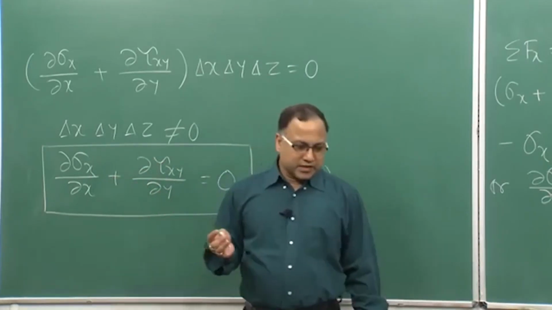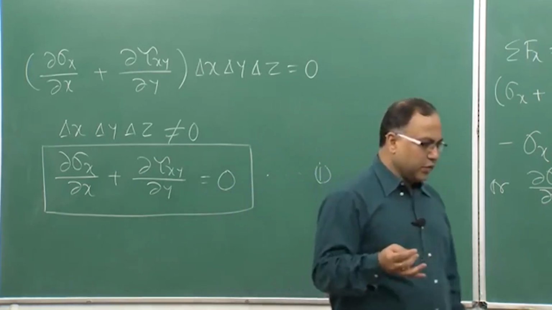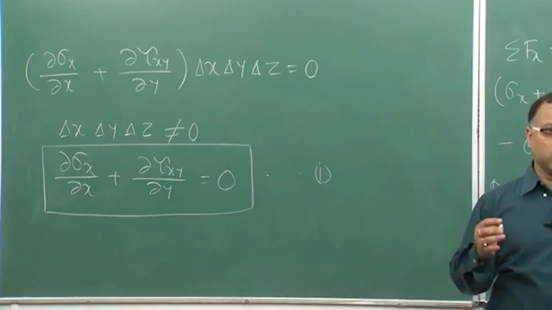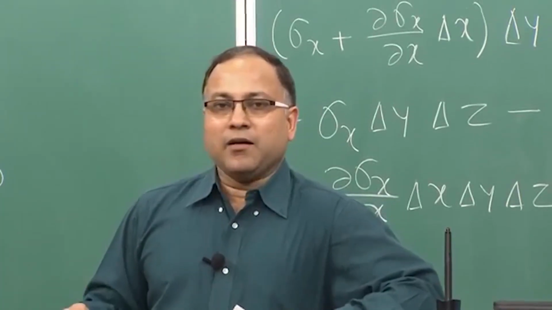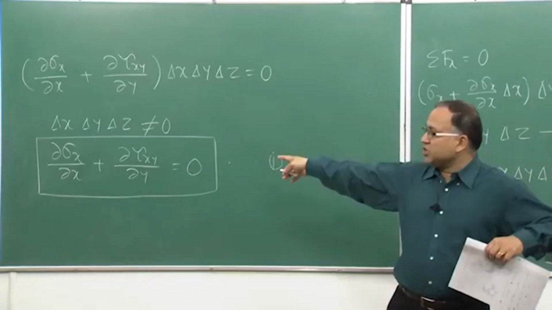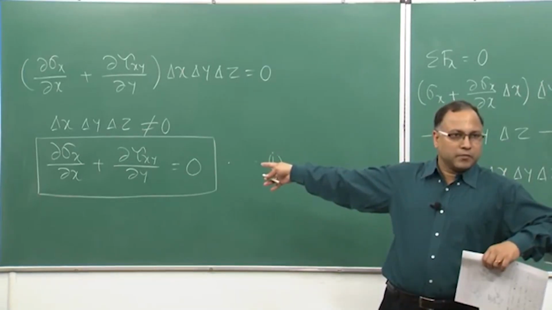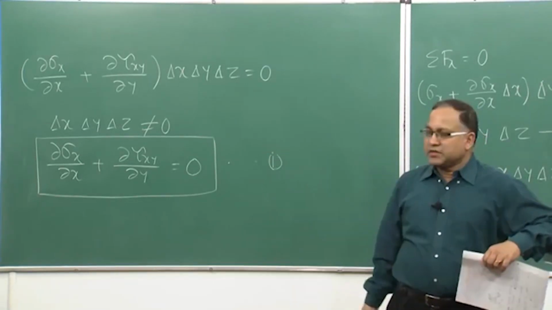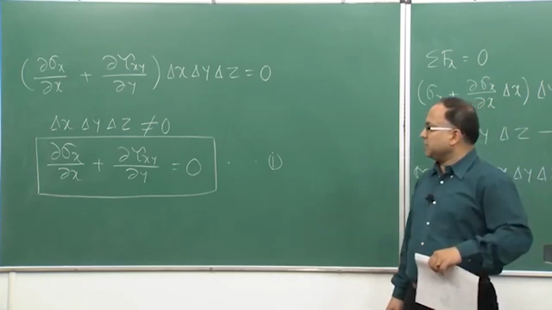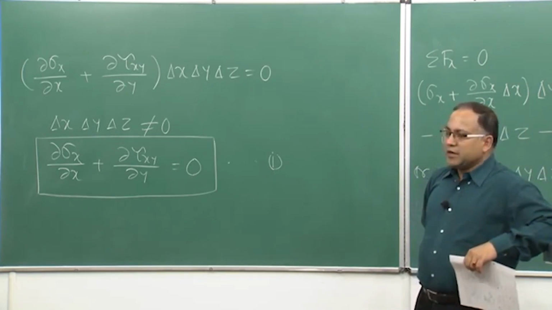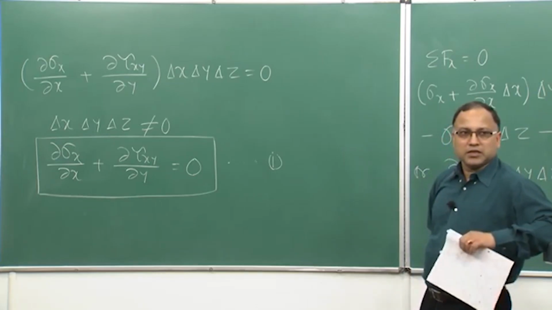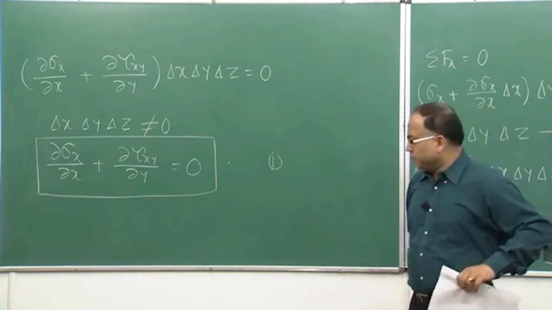If the body is under equilibrium, your stresses cannot be arbitrary. They should have some proper relation, and that relation is established by this equation 1. So, del sigma x del x, that is a partial derivative, plus del tau xy del y, the summation of these two must be 0.